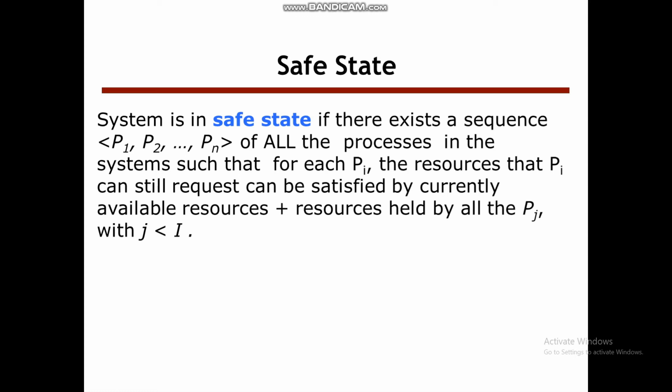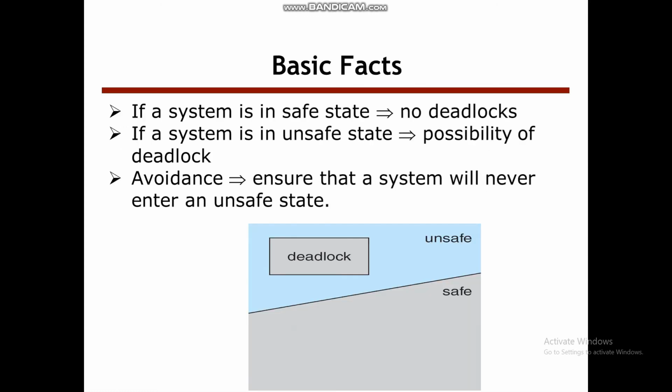Then the system will be in a safe state. So what is an unsafe state? In the safe state, there is no possibility of deadlock. In the unsafe state, there are not sufficient resources for allocation, and there may be a possibility of deadlock.